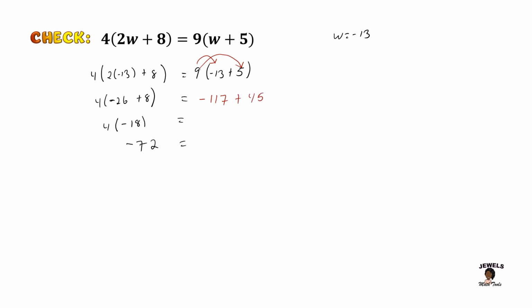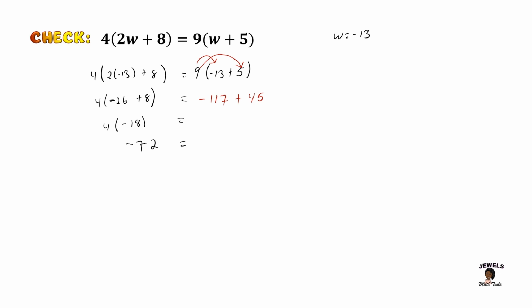So now that we have applied our distributive property, we're now going to move into our calculation of our integers. So when negative 117 is added to 45, because our signs are different, that means that we're going to subtract the numbers and then keep the sign of our larger number.